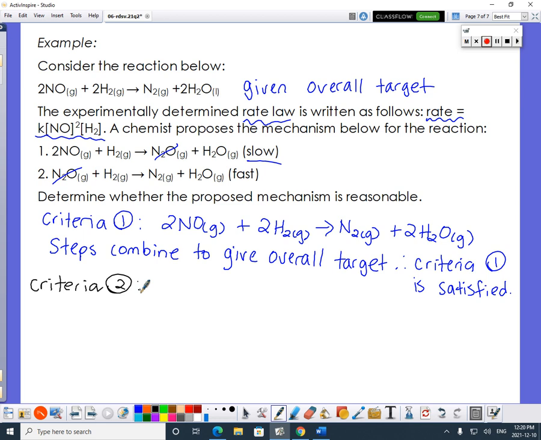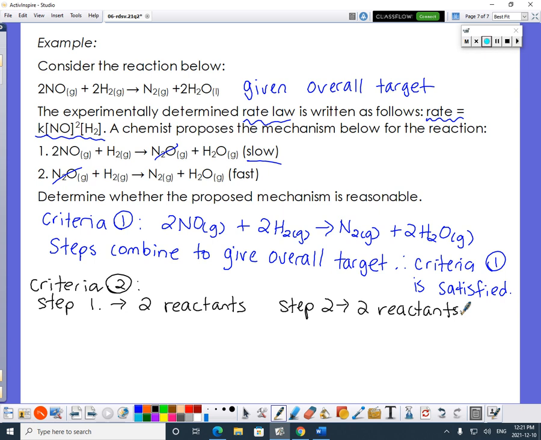Criteria 2, we're checking each step, okay? So step 1, how many reactants does it have? Just reactants, 1, 2. Step 2, 1, 2. Is 2 okay? Yes. 2 is okay, 3 is okay, 4, no, not okay.